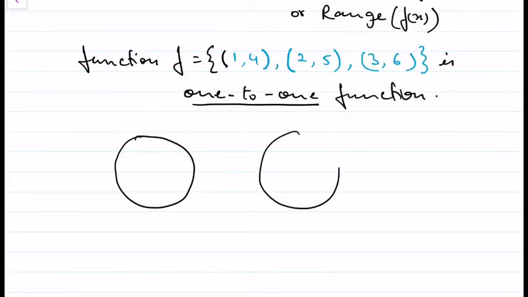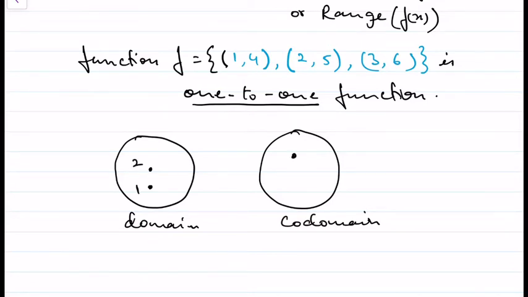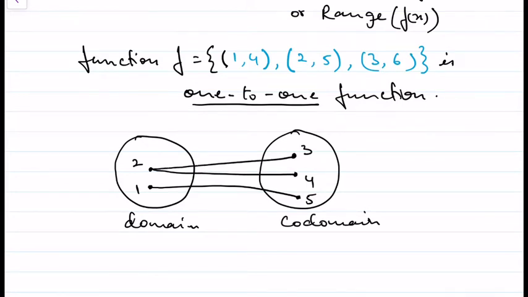Now let's take another domain and codomain. So if we have two inputs, 1 and 2, and there are three outputs, 3, 4 and 5, 1 will give 5 and 2 will give both 3 and 4. So for 2 it is not a unique output.